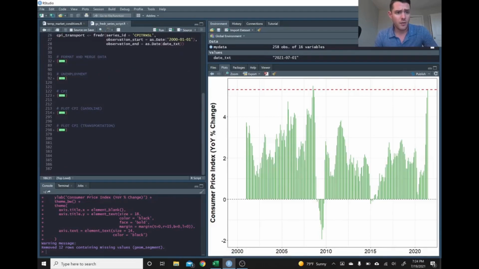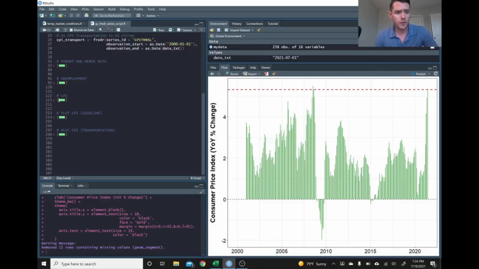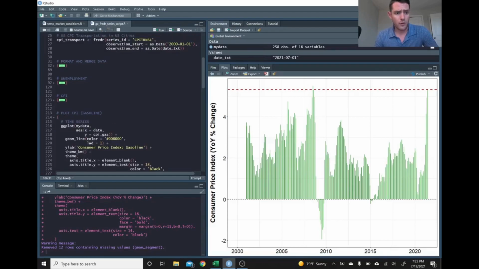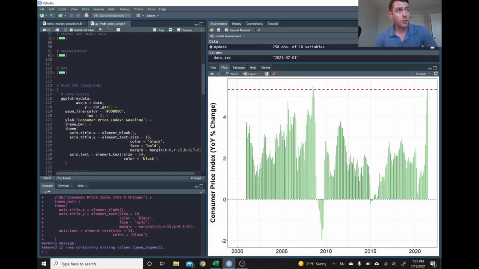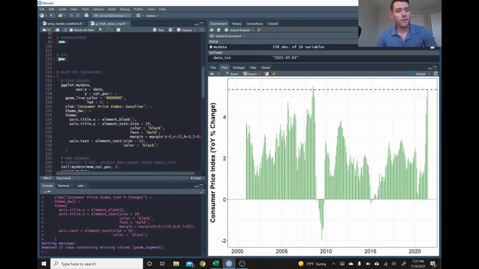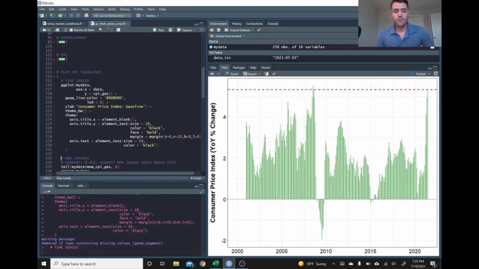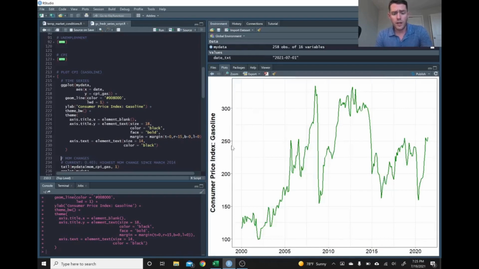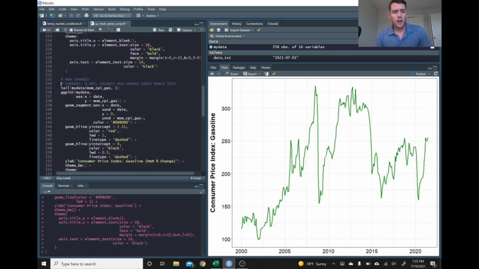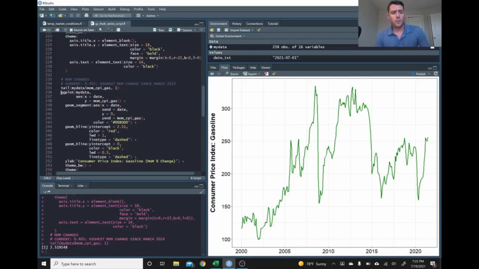CPI is composed of a lot of different consumer goods. We can go down into individual products or services and figure out which ones of those are increasing too. So I've done that for two, but you can do this for a lot of others. But for right now, we're going to go into gasoline. So here's the consumer price index for gasoline over time, and then our current month over month change, so from May to June, was 2.5%.